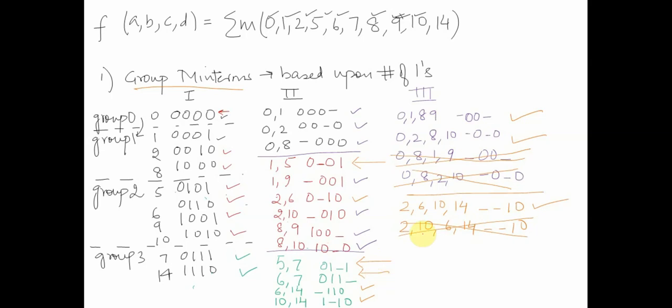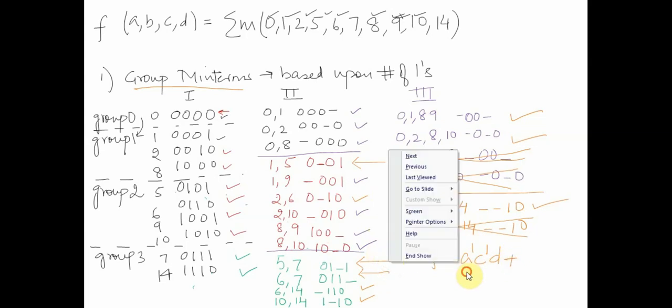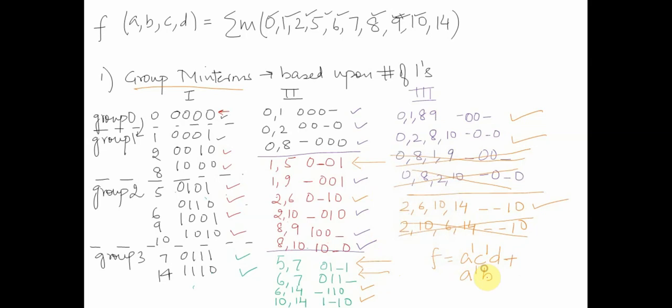So if I have to write my function at the end of the day, my function f is equal to 1, 5, which is nothing but a bar, c bar, d, plus what is 5 and 7? A bar, b, d, plus what is 6 and 7? A bar, b, c.